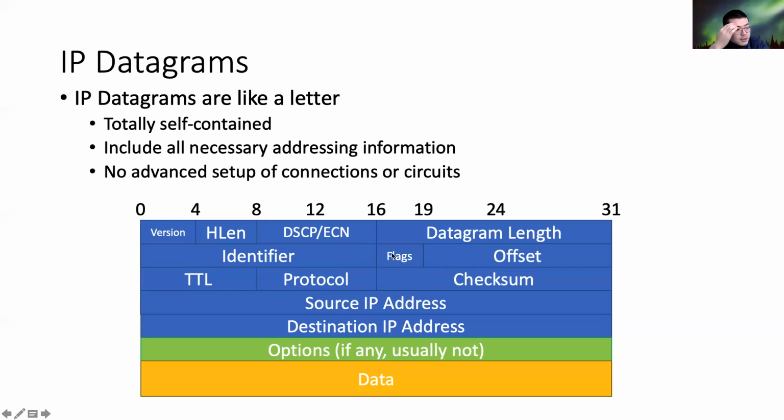It is totally self-contained and includes all the necessary information for addressing and routing. There's no advance setup for connections or circuits, so there's no state. It's stateless in some way. This is similar to HTTP: you send a request, the server sends you a response. It doesn't track what information you have unless you log in, use Web 2.0, then you have the session. Here it's stateless.